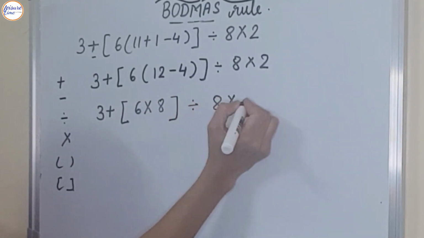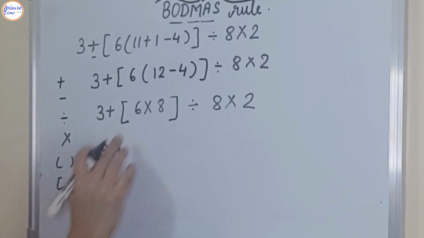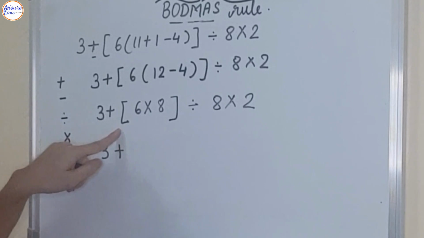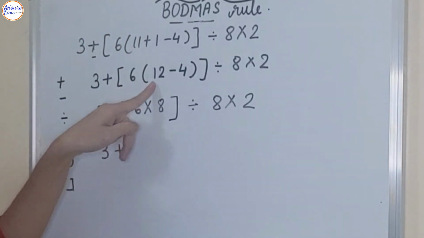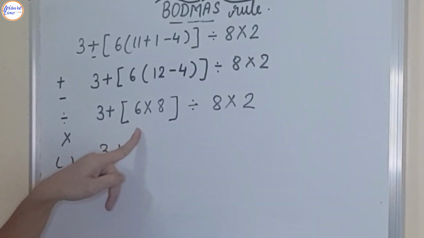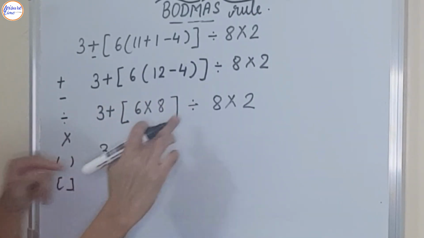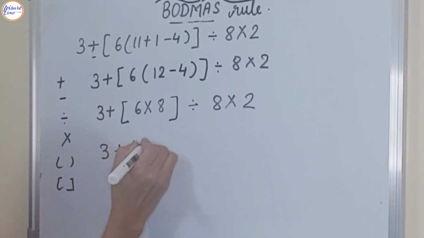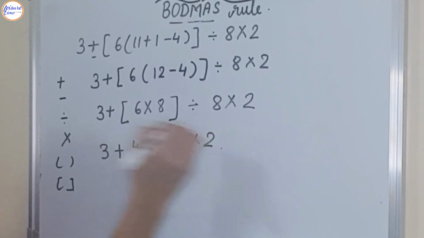Divide 8 multiply 2. Next step, plus. Here what is this? The multiplication and this bracket. We will solve the bracket first because we already solved the small brackets. This time we will solve the big bracket in this step: 6 multiply 8, 48. Divide 8 multiply 2.